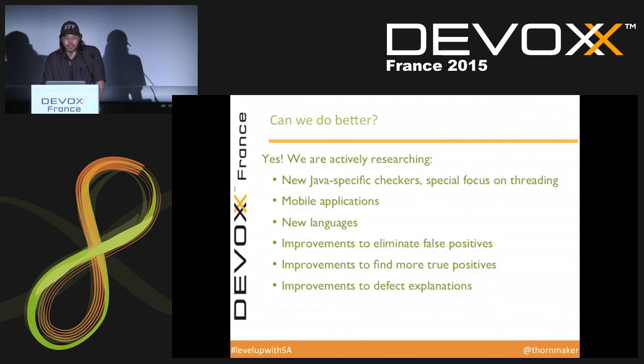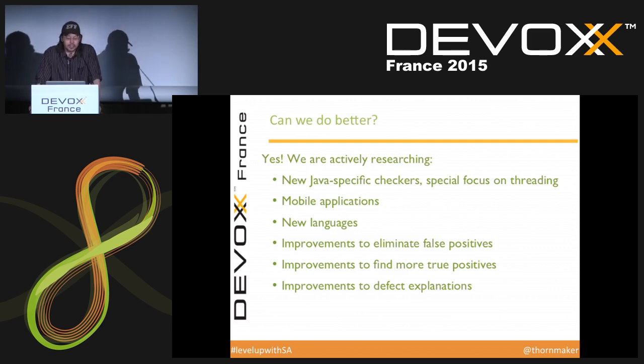So, for example, at Coverity, can we do better? Definitely. I don't want to say that we are the greatest thing to ever come along. We're always looking to make improvements, and these are some of the things we're looking at right now as future improvements to our tool. We want to do a better job understanding mobile applications. We want to expand to supporting additional languages beyond just C, C++, Java, and C#. There are a lot of scripting languages out there, and they are a lot different than languages like Java and .NET.